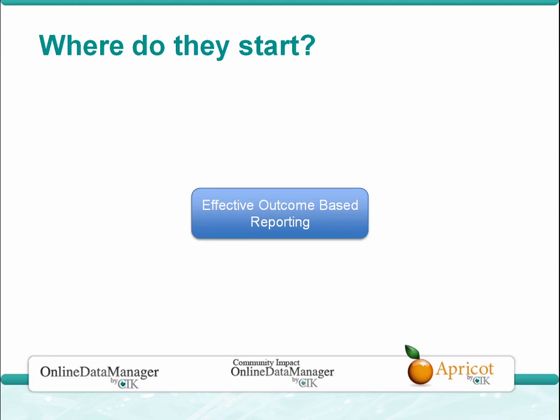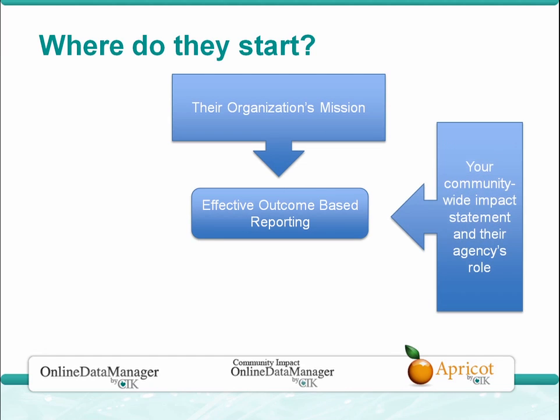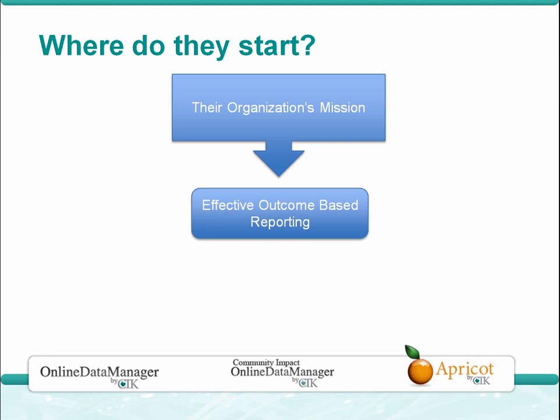So effective outcome-based reporting starts with a couple things from my perspective. The first one is they need to start with their mission. What is their organization's mission? What is their goal? Being very clear with their board of directors. What is the work that they are supposed to do in the community? As funders, we've all seen organizations get into mission creep, for example, by trying to follow the money.